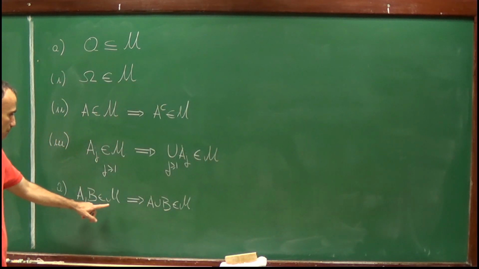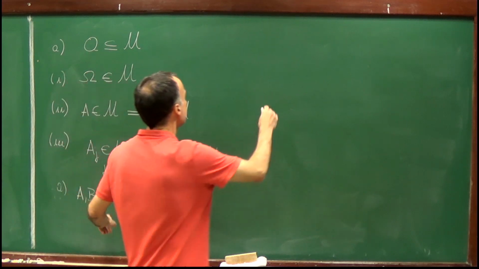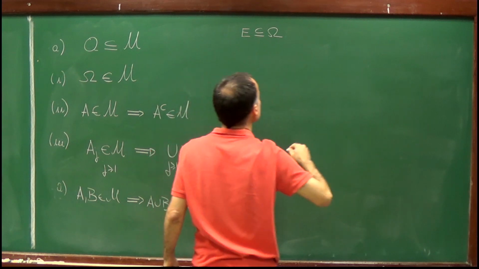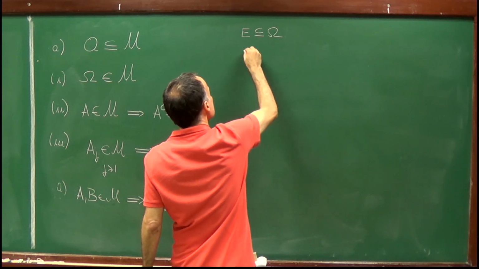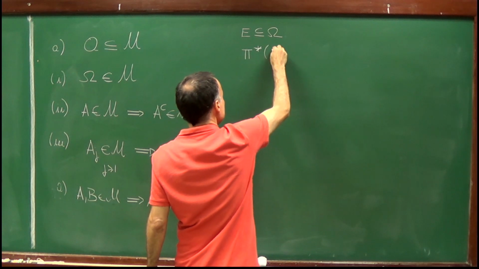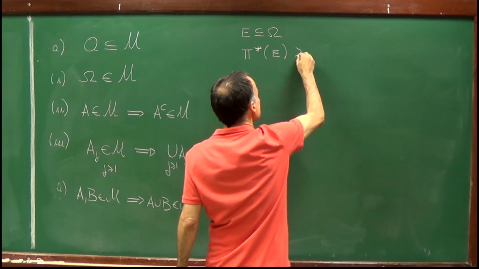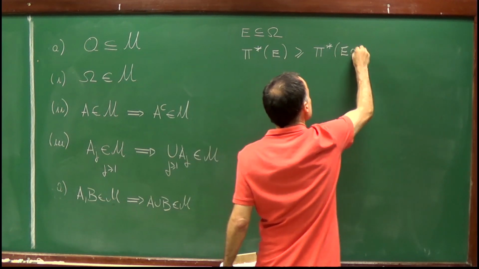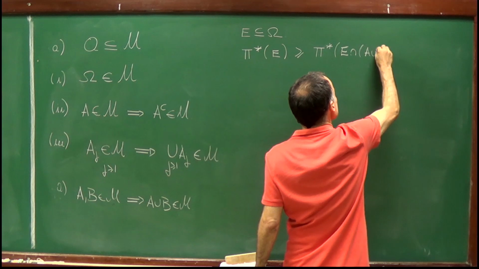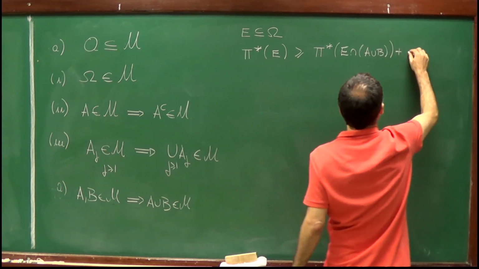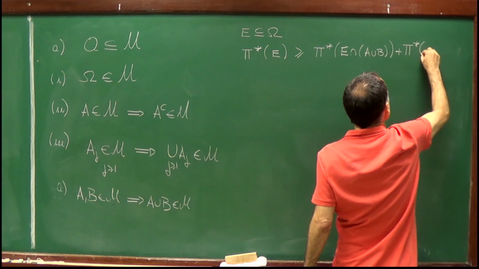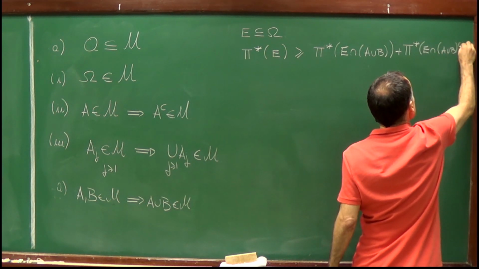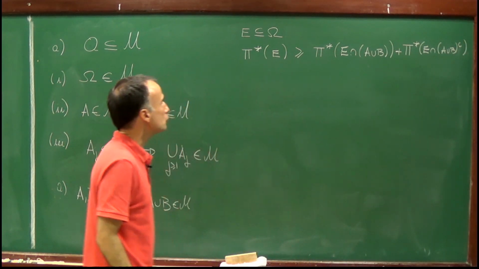Well, let's fix a set E, subset of omega, and what we need to prove is that P star E is greater or equal than P star of E intersection A union B plus P star of E intersection A union B complement. So this is what we want to prove.